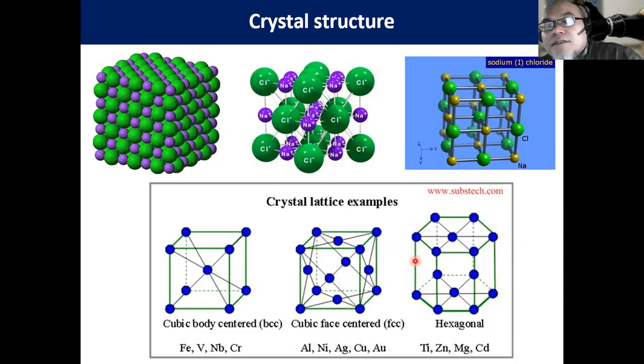Then we have also metals having, instead of a cubic lattice, a hexagonal periodic structure or lattice. Examples are titanium, zinc, magnesium, and cadmium. The atoms fill the corners of the hexagonal as well as the center of the top and bottom side.